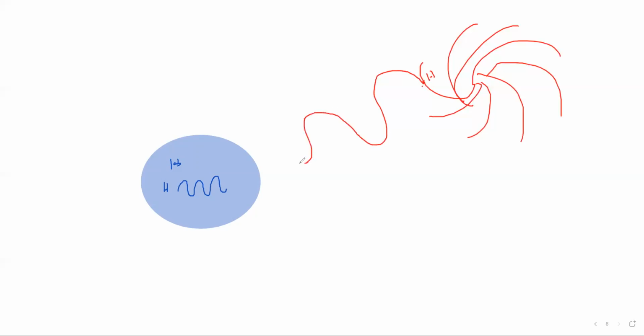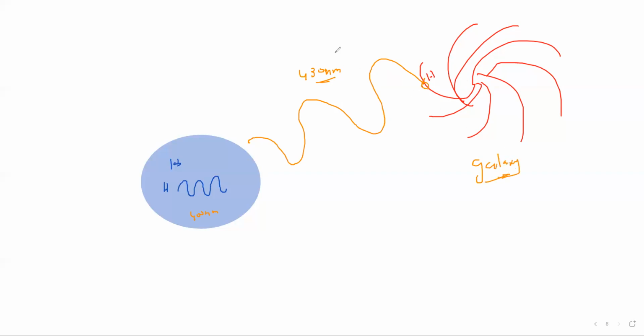What we observe is that on the earth it was giving, say, 400 nanometers, but the same hydrogen we detect in the galaxy gives a spectrum of approximately 430 nanometers. So what can we conclude about this galaxy: is it moving towards or away?